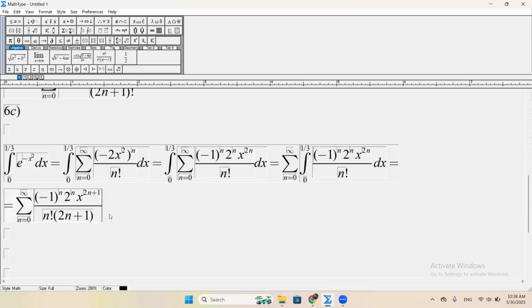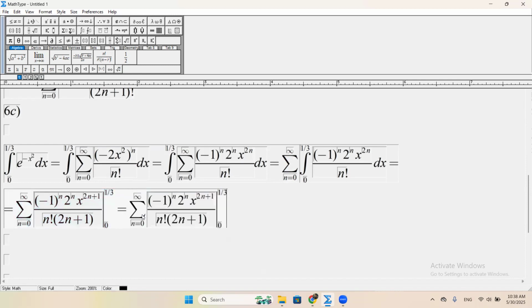So we received the following series, and with the substitutions from 0 to 1/3. Let's substitute. So if I substitute 1/3, I will receive the following stuff.